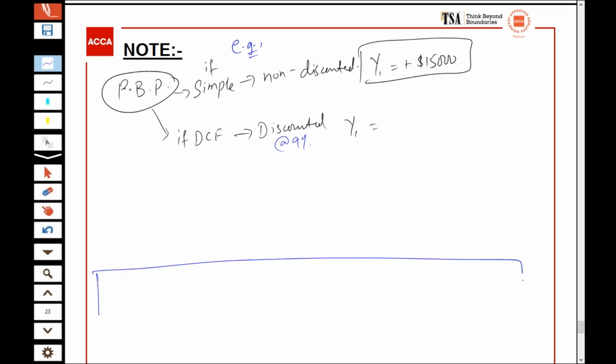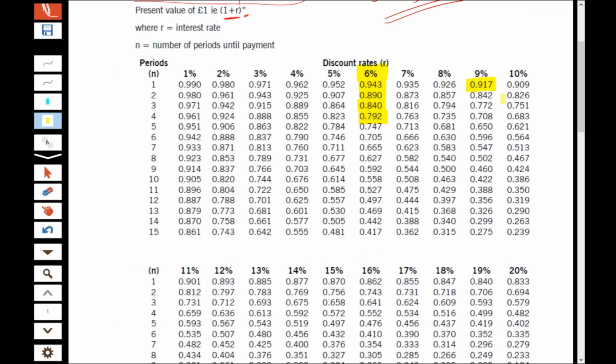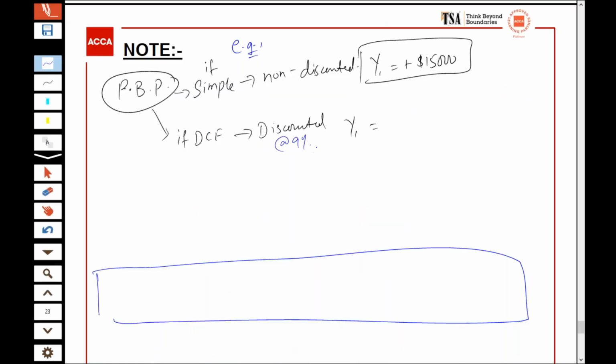In order to say this, I need to explain through calculative examples. So if it is 9%, the factor is 0.917, so it will be 15,000 multiplied by 0.917. That means it would be 13,755.